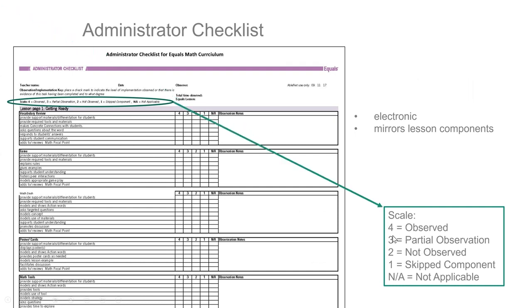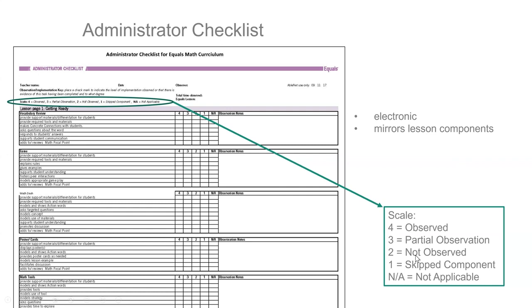So you would mark a 4 on the scale for each particular item that is just within the lesson component that you are observing. If you observed a particular part of that lesson component, you'd mark a 4. If you partially observed that, or the whole thing wasn't done right, there's a partial use of that, it would be a 3.